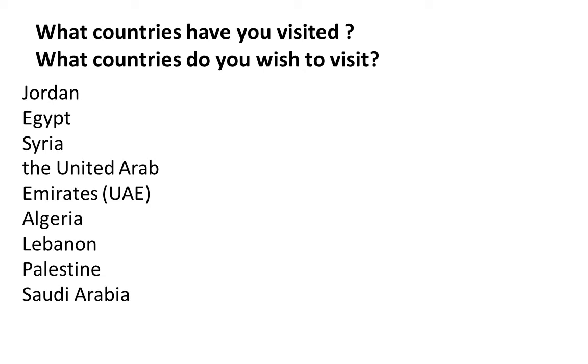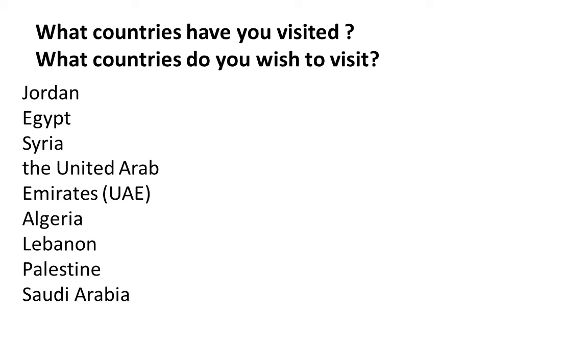What countries have you visited? What countries do you wish to visit? The aim of these questions is to list the names of some countries that have a pronunciation in their name different than its pronunciation in our language, in Arabic.